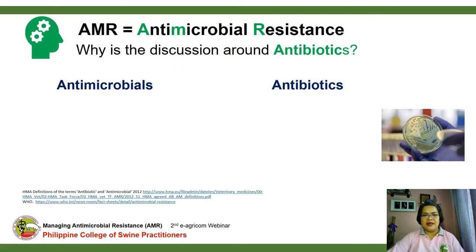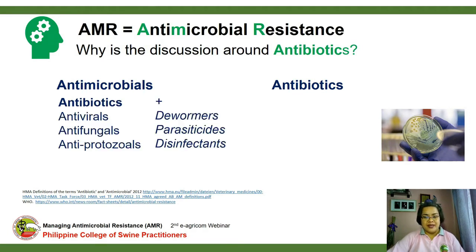AMR means antimicrobial resistance. It might strike you as curious as to why the discussions are more on antibiotics. So it is always a good start with defining these two terminologies. Antimicrobials include antibiotics.